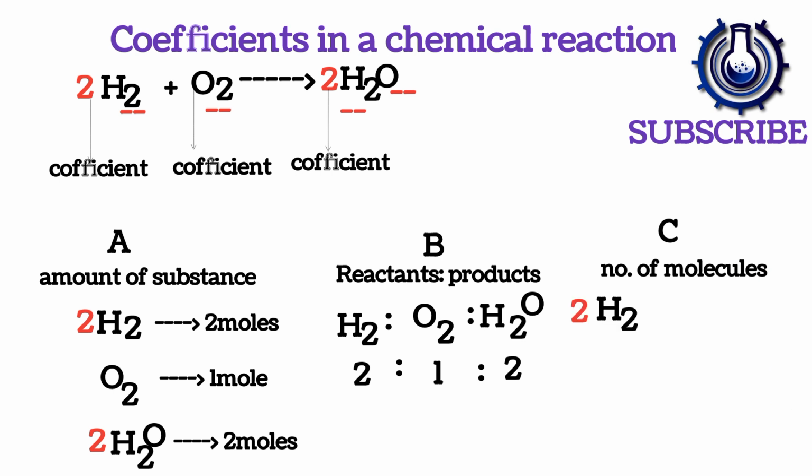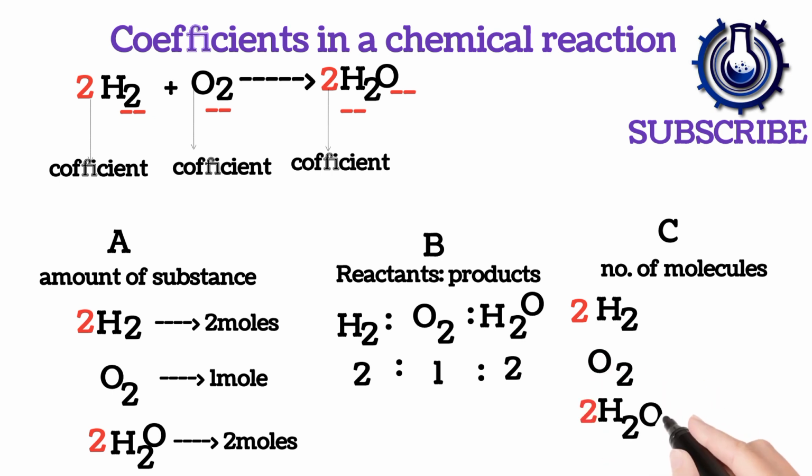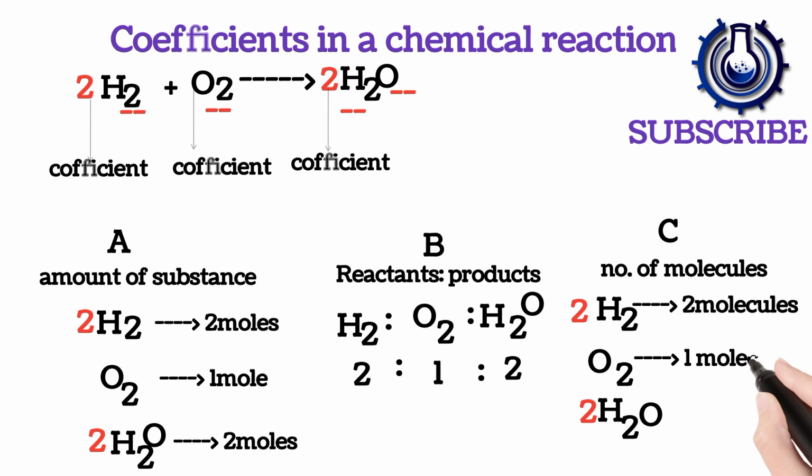Another concept that we can derive is the number of molecules. For 2H2, O2, and 2H2O, from this equation we know that we have 2 molecules of H2, 1 molecule of oxygen, and 2 molecules of water.